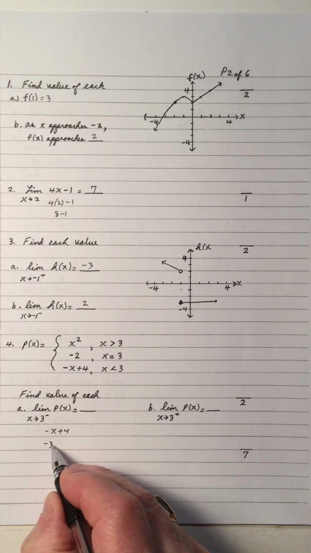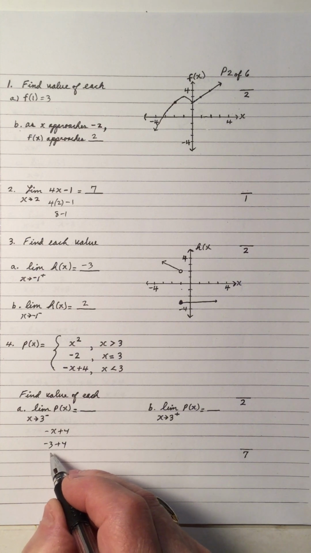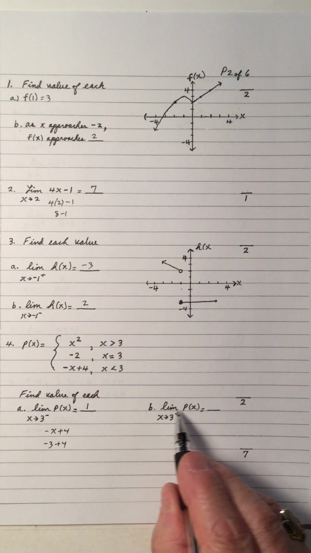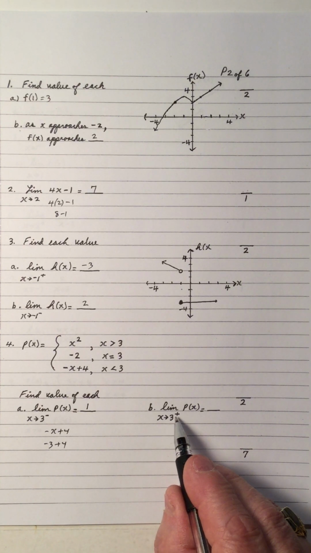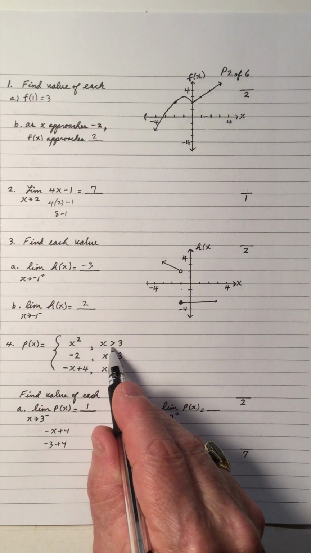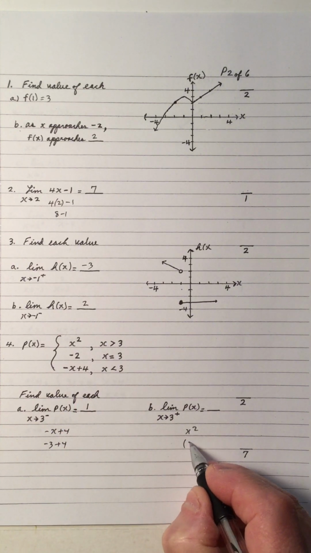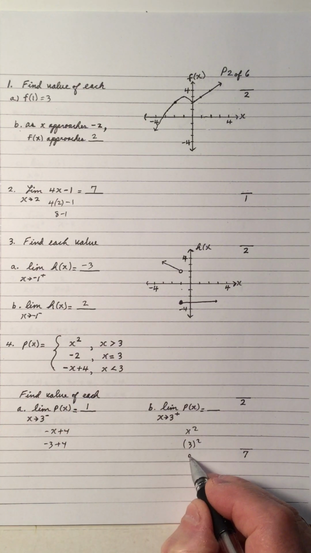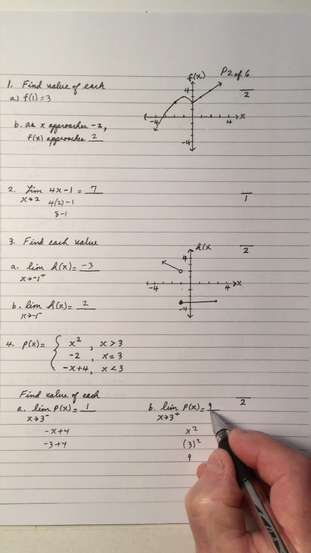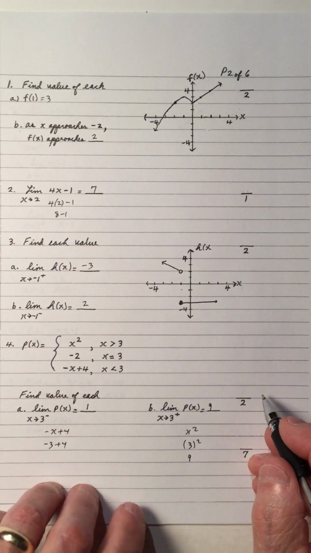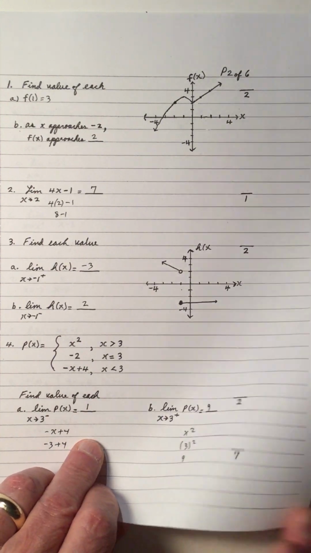We're approaching 3, so that means we have a 1. And this is the limit of p of x as x approaches 3 on the right side. The right side is greater than 3, so that's x squared, so we put 3 in place of x, and we get a 9. So if you get each of these right, give yourself 2 marks. So that's 7 for that page.